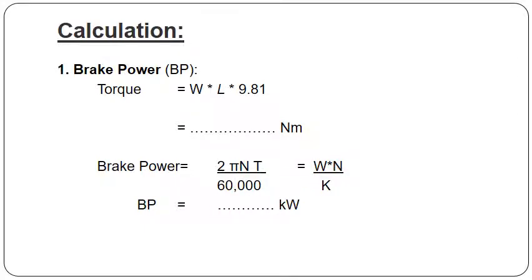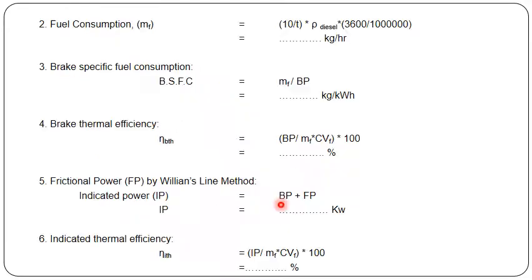Once brake power is calculated, then the other parameters like fuel consumption have a derived formula, that is 10 by t. Since the time for 10 ml of fuel consumption is noted down, that time is denoted as small t. So 10 ml divided by t seconds gives ml per second, and divided by 10 to power 6 gives the value in meter cube per second.